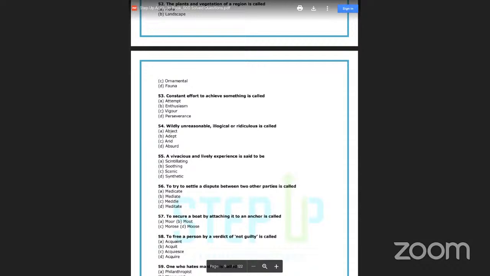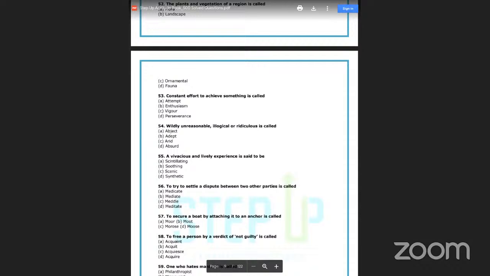Okay. Next is mediate. What do you mean by mediate? Trying to settle a dispute between two other parties.